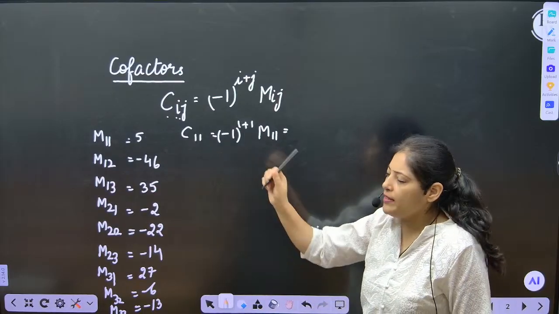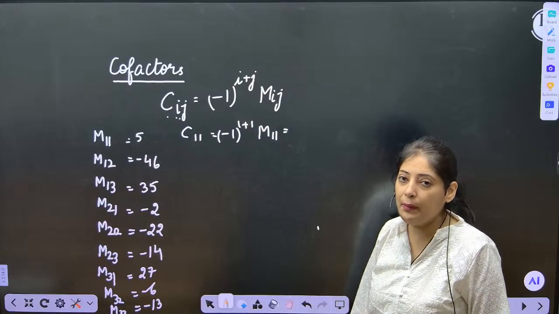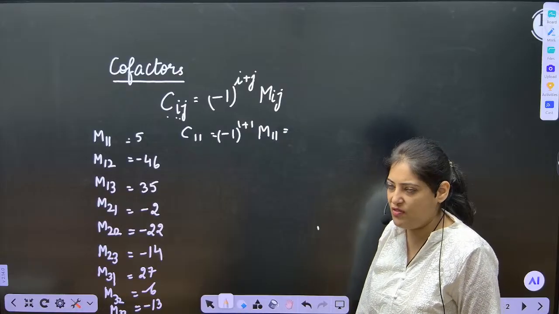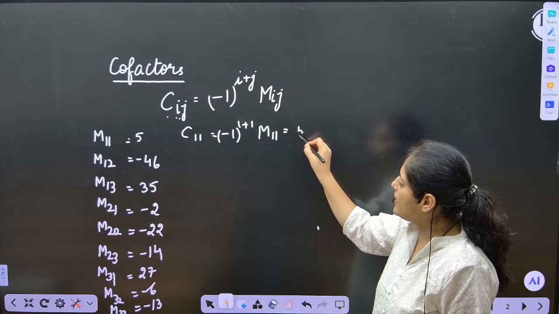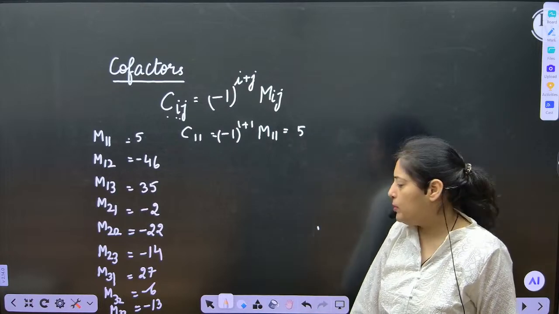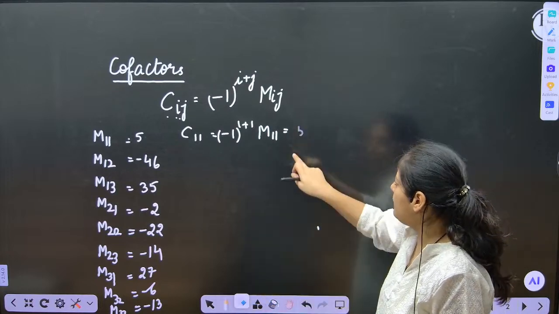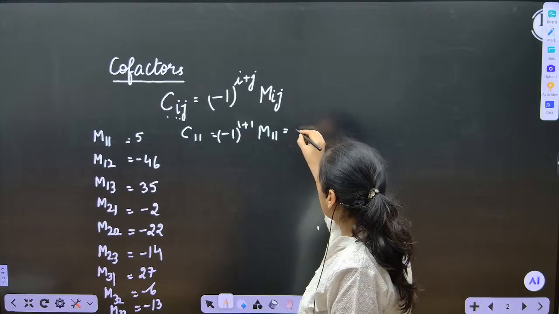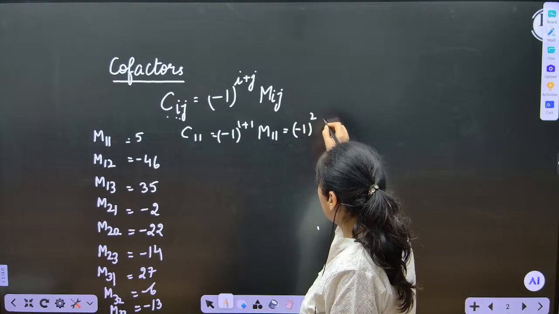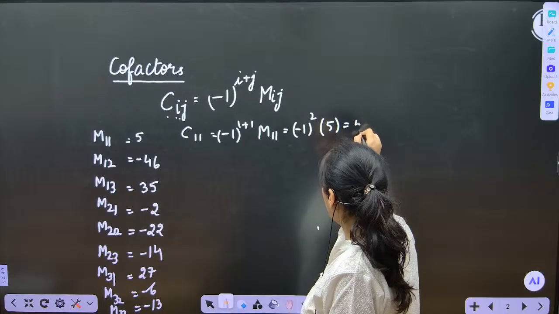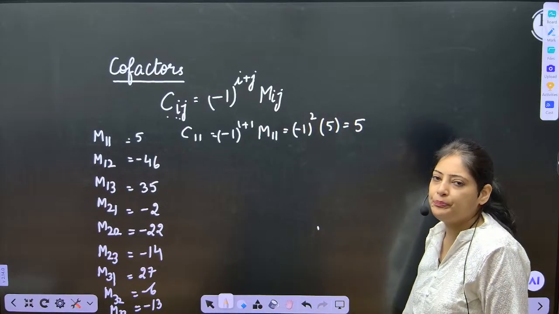Now minus 1 raised to power 2 is nothing but what? Even power, it will become positive, and m11 as it is. So it will come out to be 5 only. How? That I'll again write it. Minus 1 raised to power square into 5, it will come out to be 5 only.